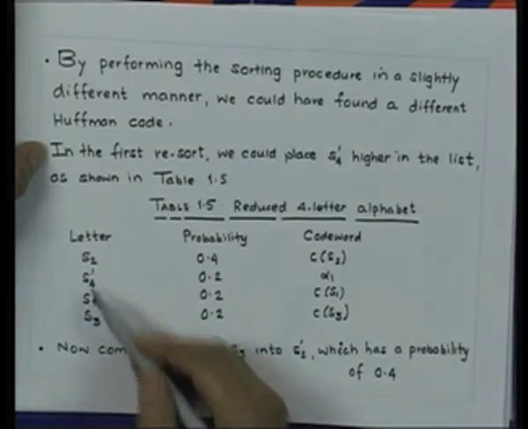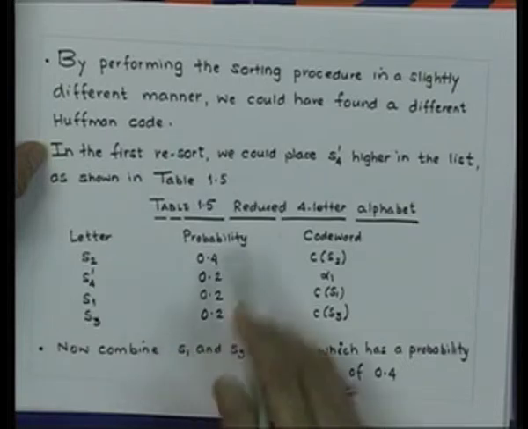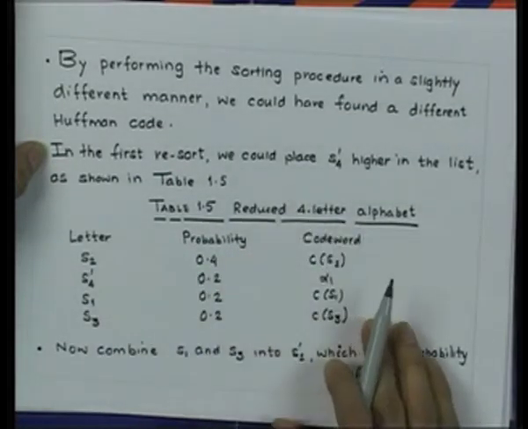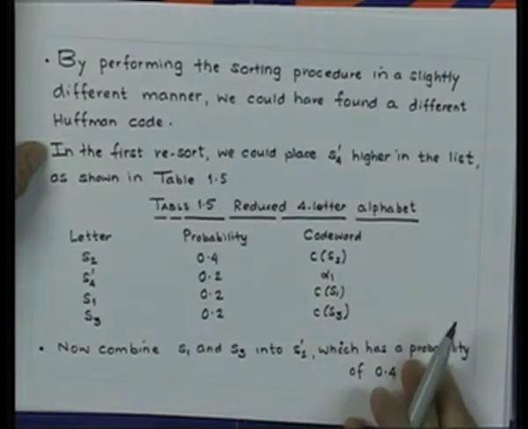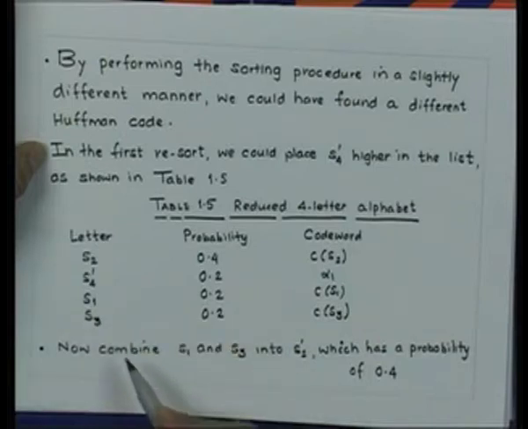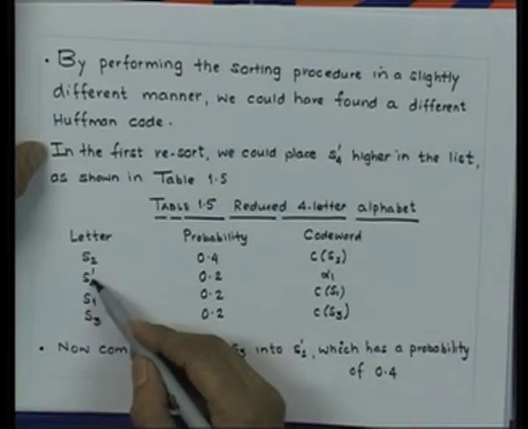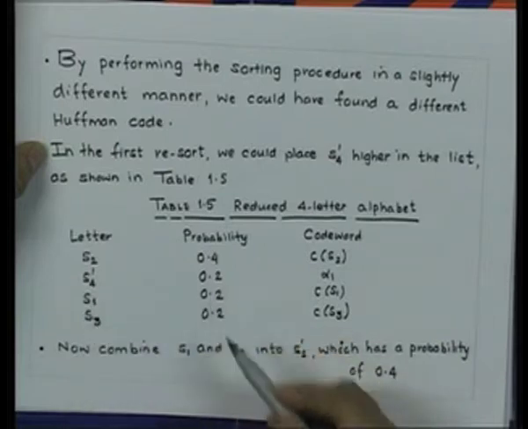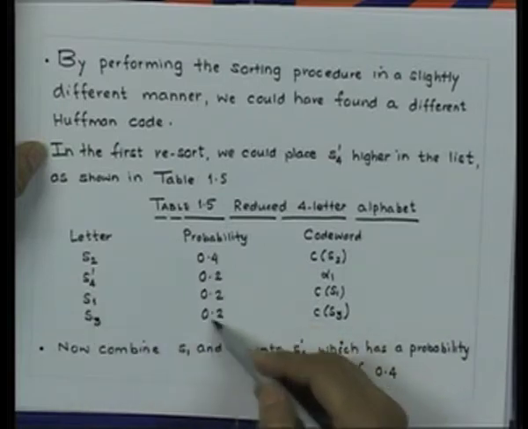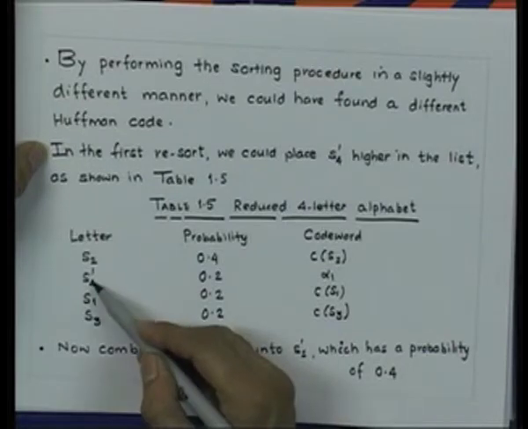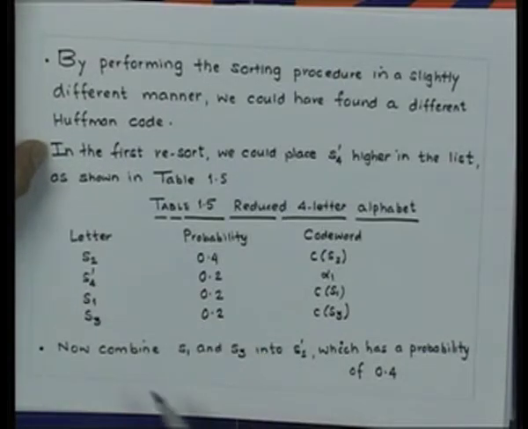So when I place S4 dash on the top of the list, I get a new table for the reduced 4-letter alphabet, and this is the topmost position where I can place it, because the probabilities of S4 dash, S1 and S3 are all 0.2, so it does not make any difference where I place this symbol S4 dash.